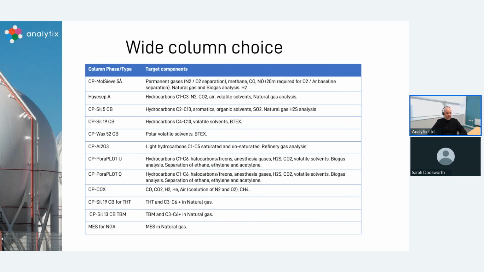And then we have a variety of columns that can cover the hydrocarbons, anywhere ranging from C1 to C10. Really it is dependent on what the customer is looking to do and what they're looking to analyze and what levels they're looking to analyze as to what configuration we would define in terms of the columns and the channels.